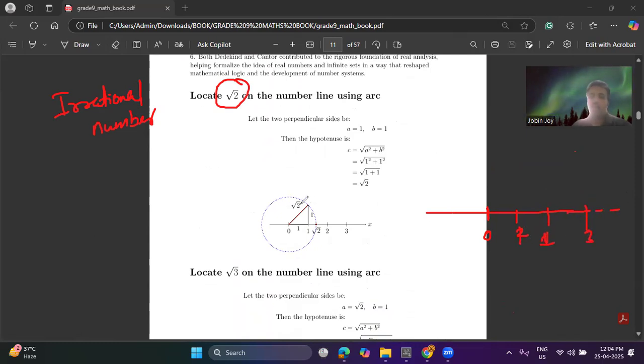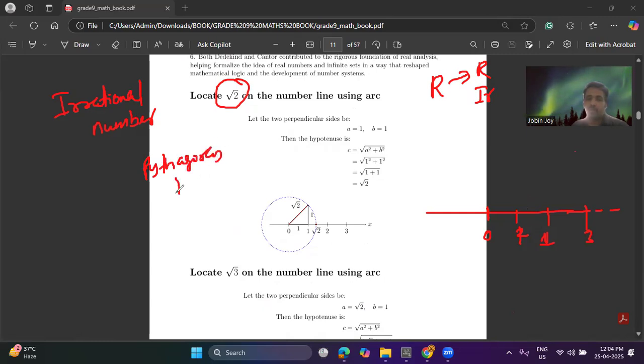But how will you represent an irrational number on it, since real numbers consist of both rational and irrational numbers? It's very difficult, but we will use the Pythagoras theorem.